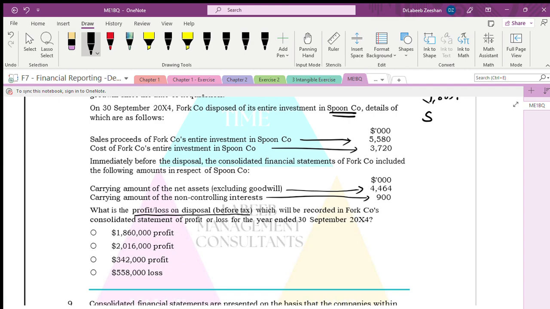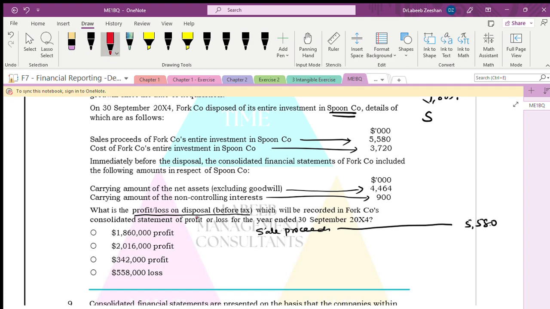Very interesting, very conceptual question. Sale proceeds are how much? 5580.